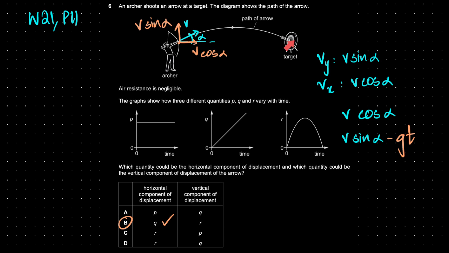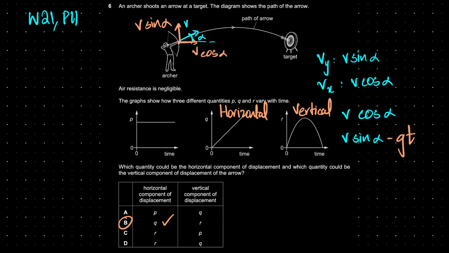So vertically, if you think about this point and this point, there is no height difference between them, so there is no net displacement in the vertical direction. So this is why the graph of the vertical one should have corresponded to R. So this is the vertical one and this is the horizontal one. Hence option B is the correct answer for this one.